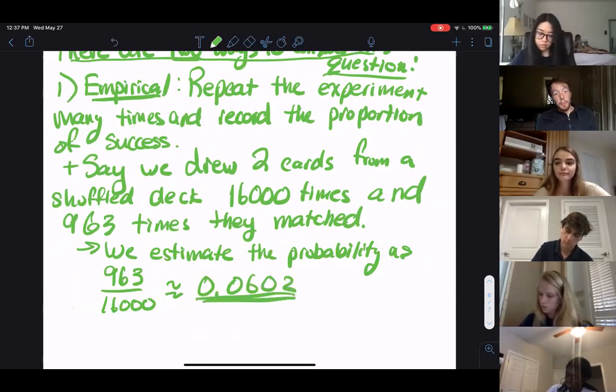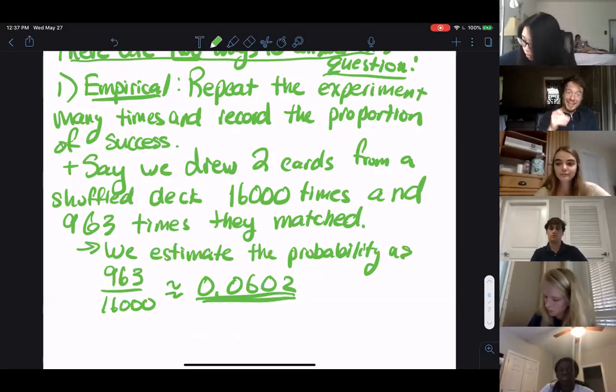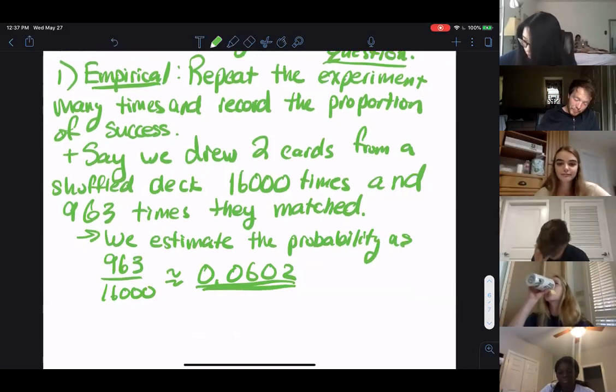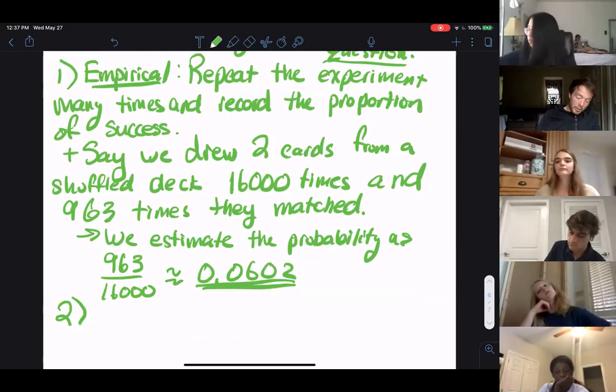So if you wanted the empirical estimate of what the probability of drawing two cards that match is, it would be this. You would do it a bunch of times, you would record the proportion, and that's your best guess, the empirical solution. The other possible solution is a theoretical solution.